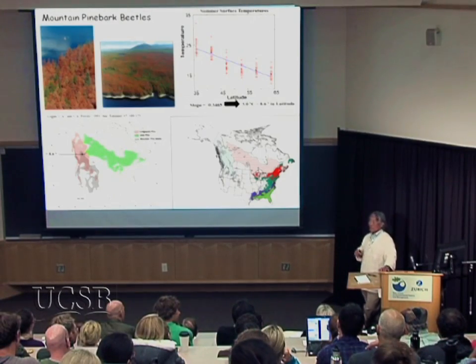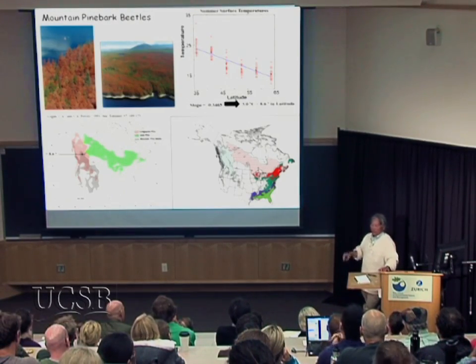Because of the lack of the seed source of this long-lived pine tree, the whitebark pine, it's really having a devastating effect, or potentially an effect, on the type of energy source that the grizzly bears use for overwintering, and also for the nutcracker, for other bird populations and things.